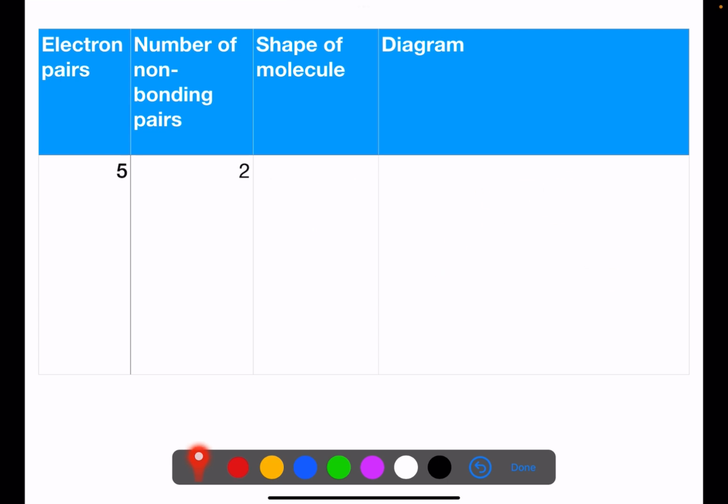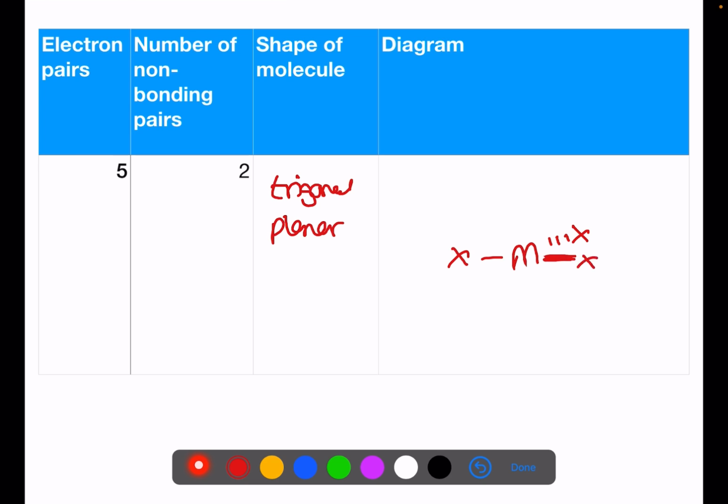If you have 5 electron pairs and 2 of them are non-bonding, those 2 non-bonding are going to get as far away as they can. So your molecule itself is going to be trigonal planar, so flat, and your 2 non-bonding pairs are going to go at 180 degrees from each other.